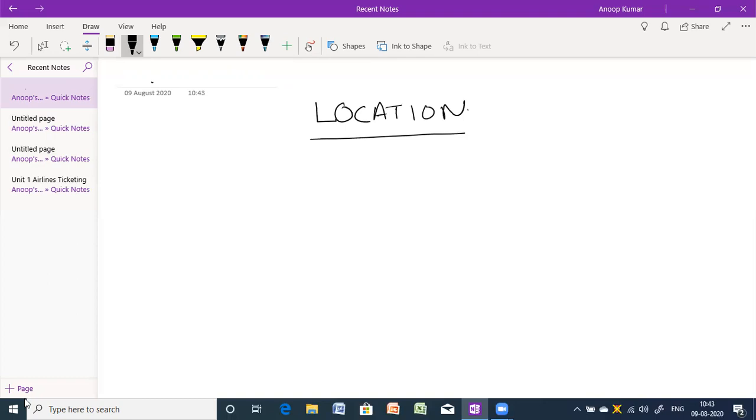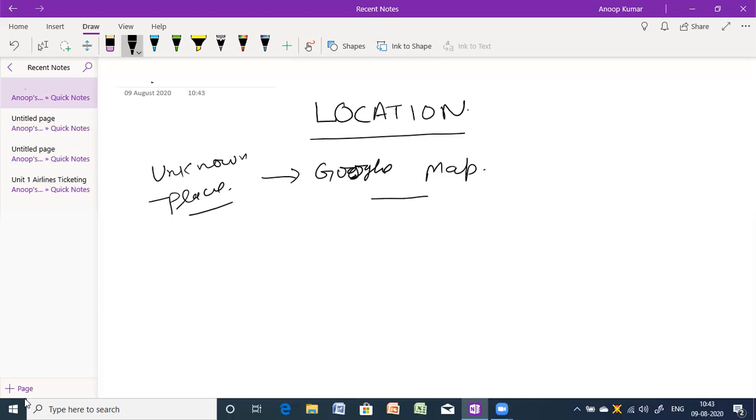Now, for understanding the location, I just want to give you an example. When we want to go to an unknown place, what do we do? We take the help of Google Maps. I think all of us, whenever I personally go to a place about which I don't know the way, I use Google Maps.